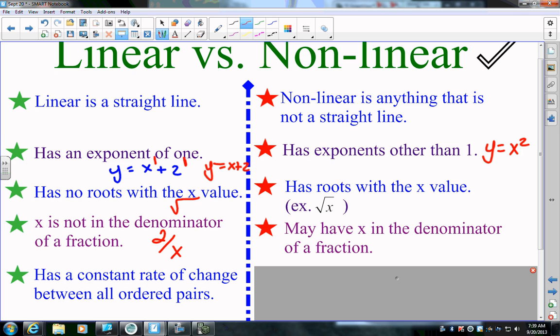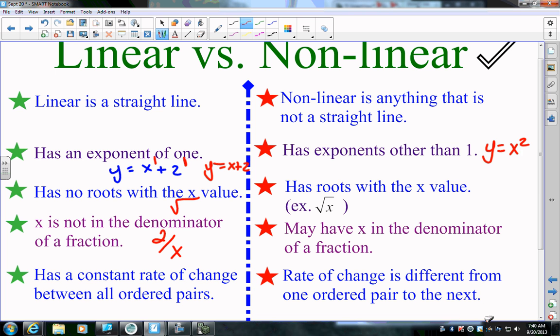It may have x in the denominator or a fraction. So this cannot happen if it's linear, but that is what's happening when it's nonlinear. And the last little piece right here, it says the rate of change is different from one ordered pair to the next. So when we look at a table, the rate of change is different.